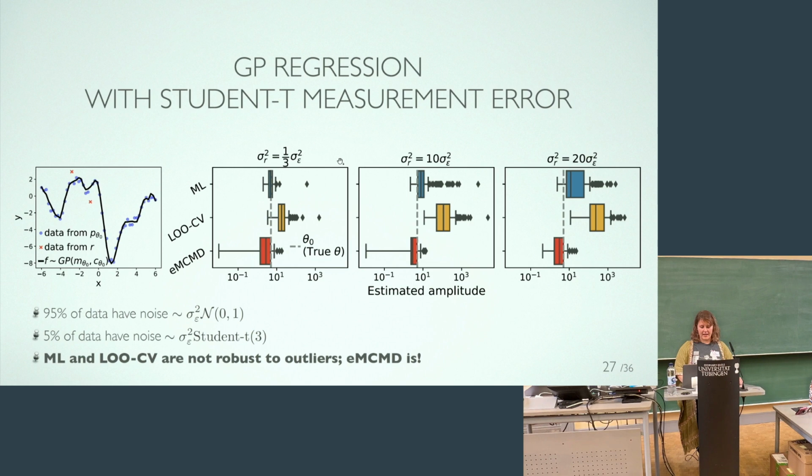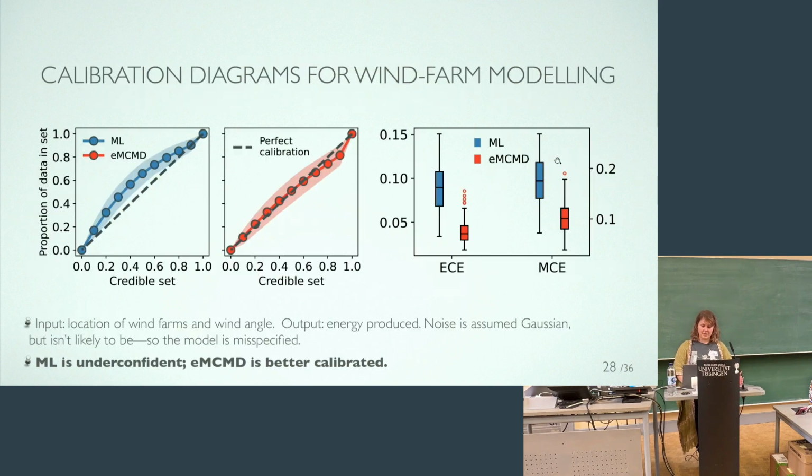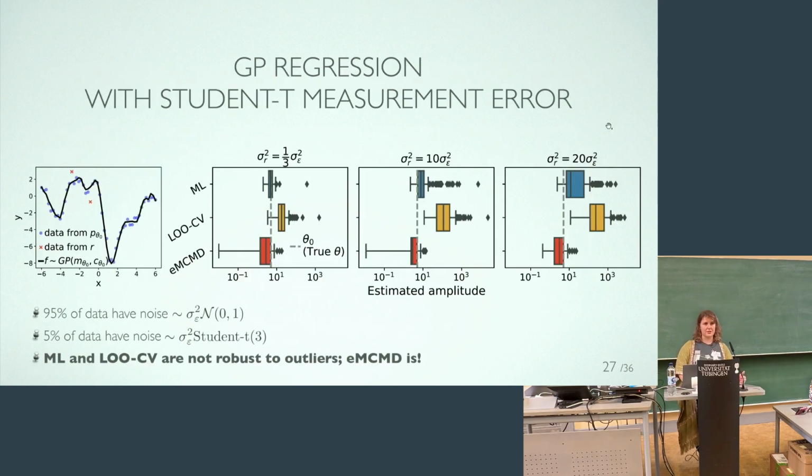We see that as the scale of the student T noise increases in comparison to the scale of the Gaussian noise, maximum likelihood shifts more and more into overestimating the amplitude and being more underconfident, which is the effect that we saw with the Nile dataset. Same with cross-validation, but EMCMD stays more or less centered around the true value of the amplitude.